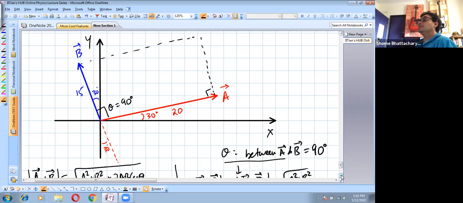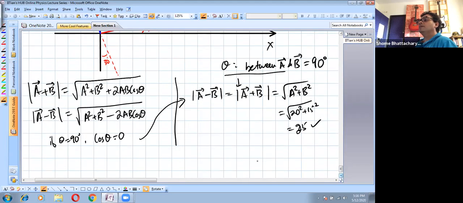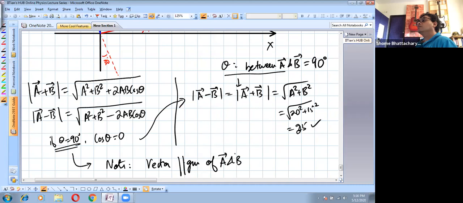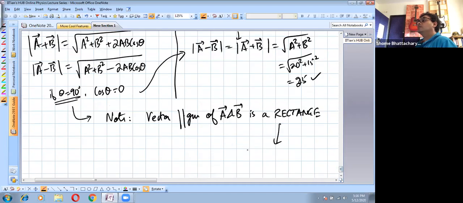So another way to understand it is that whenever two vectors are perpendicular to each other, the vector parallelogram of A and B is actually a rectangle. It's no longer a general type of parallelogram. It's a special case, and rectangle has that property that diagonals are equal in length.